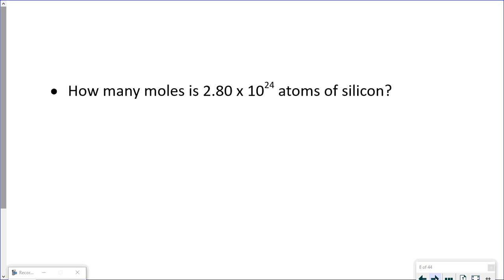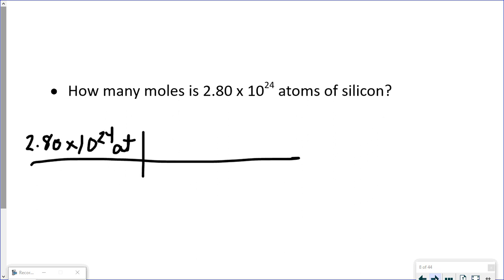Alright, so with this one, how many moles is 2.8 times 10 to the 24th atoms of silicon? So remember, you're going to start with what is given. So we have 2.8 times 10 to the 24th atoms. And we're trying to find moles. So we need to get rid of atoms.